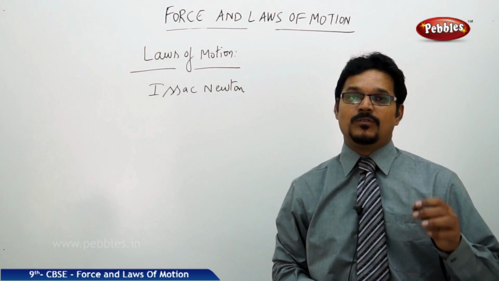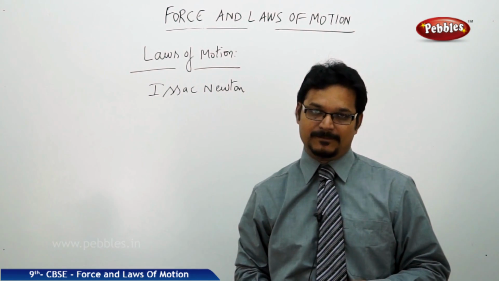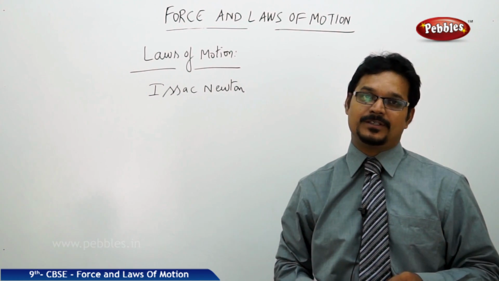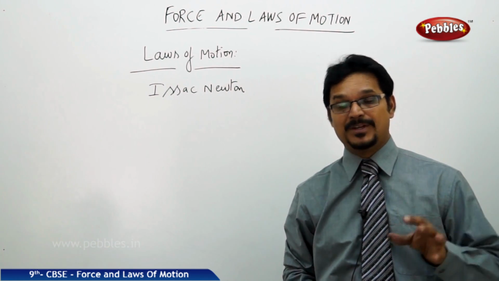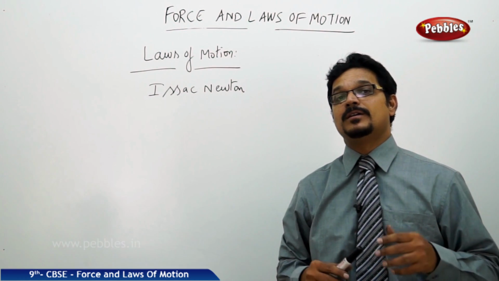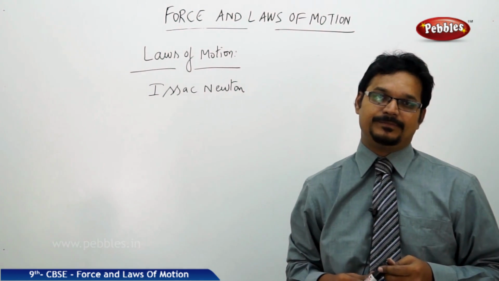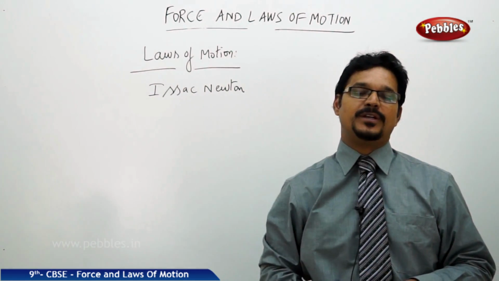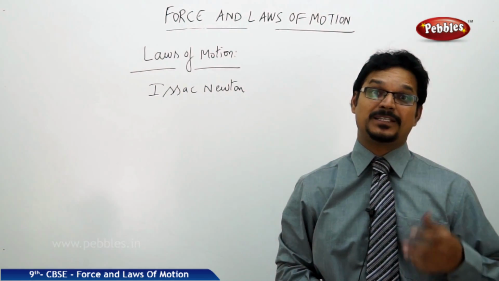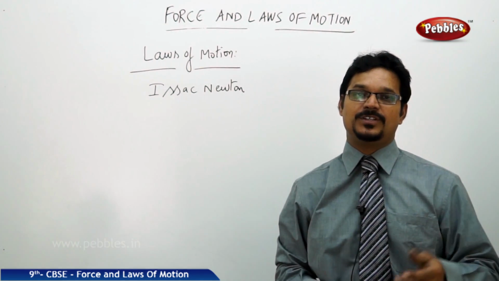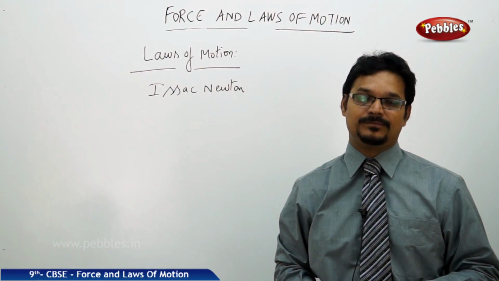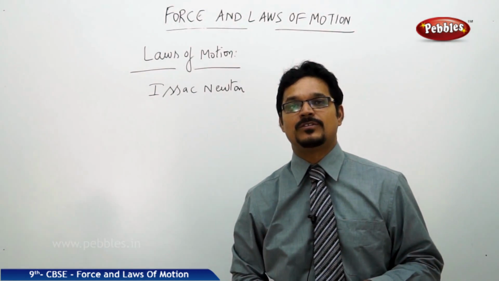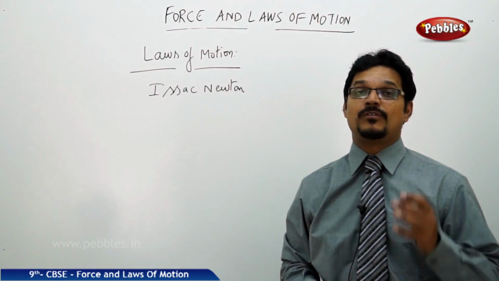But who was the first person in the world to tell us that force can be measured, that force can be experienced? The first person was Isaac Newton, a British physicist, mathematician, logician, astronomer. He has got so many roles. He was the first president of the Royal Society.